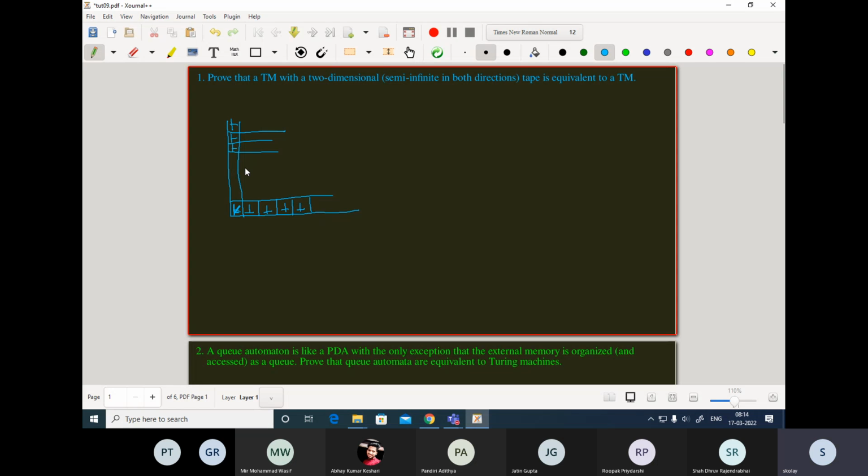Okay, so you know where to stop towards the left and where to stop towards the bottom, but you can move infinitely to the right and upwards. And your moves are so delta p a will be of the form q b and some d, and this direction can belong to left, right, top, bottom.